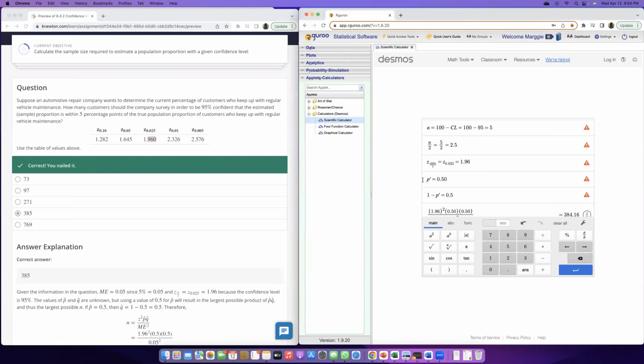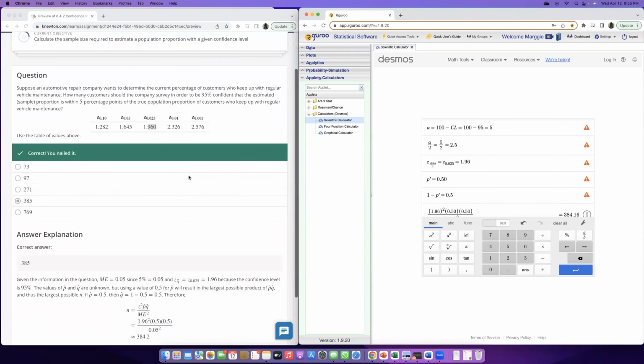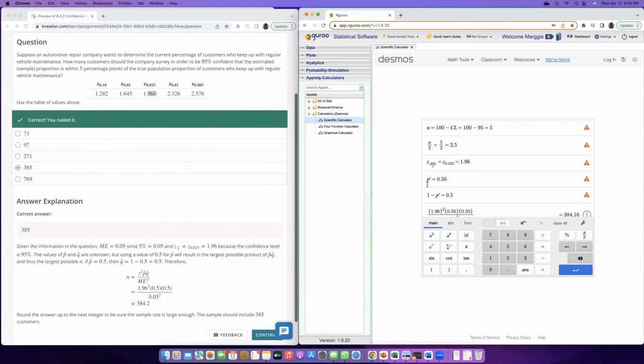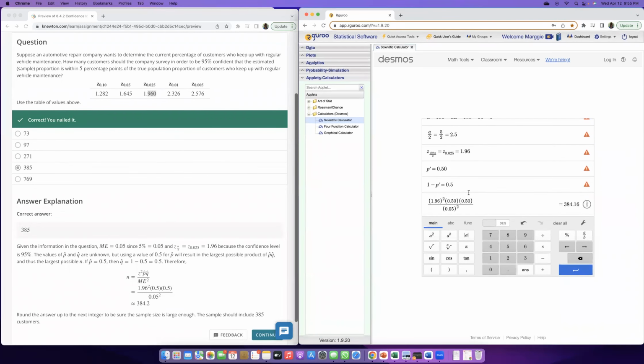P is going to be assumed to be 0.50 if we don't have more information. We don't have a sample size, and that's what we use to determine P. P is the number of successes over the sample size. So we cannot find that proportion because we do not have the sample size. That's what we're looking for.